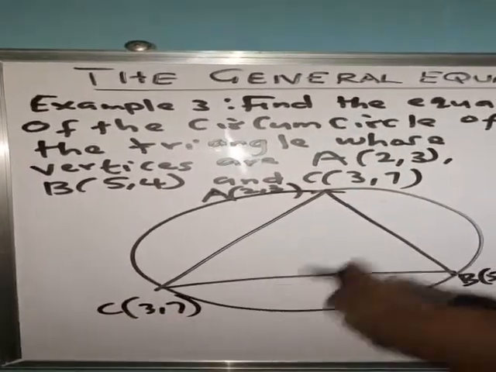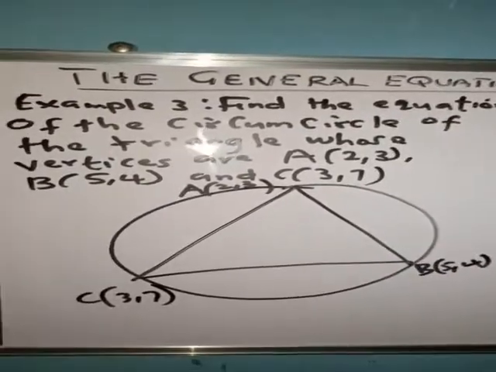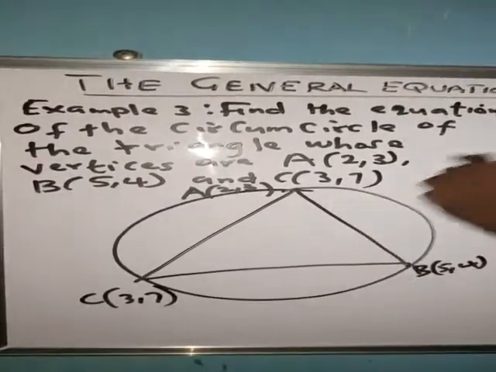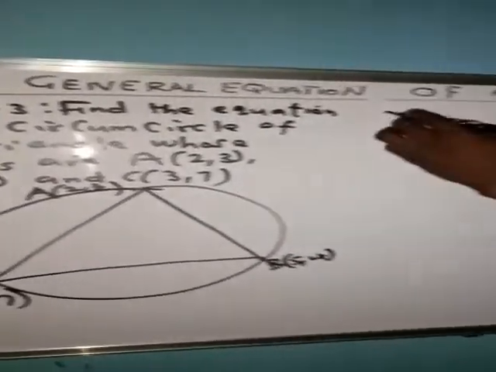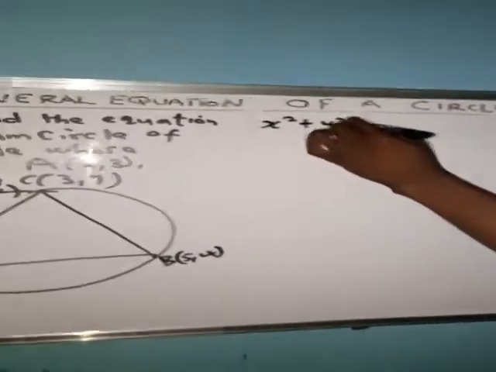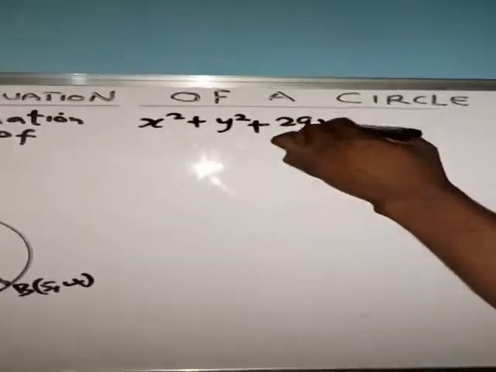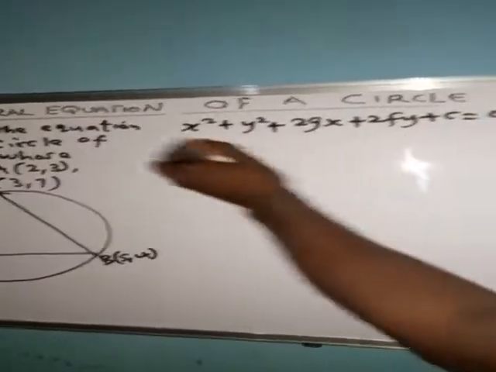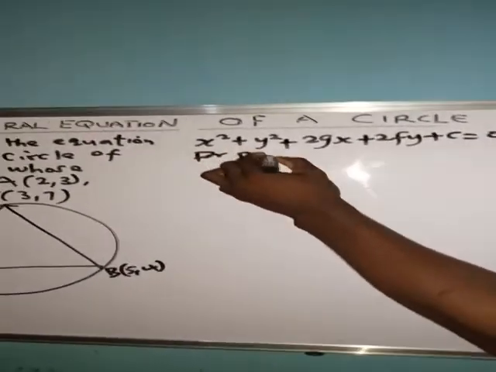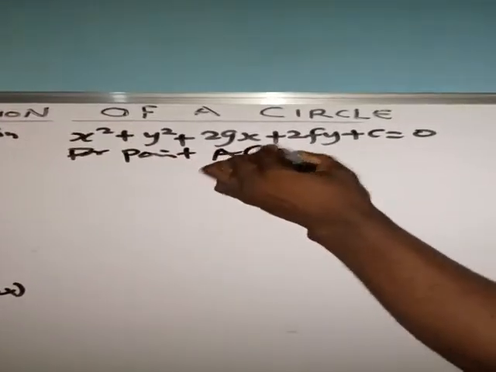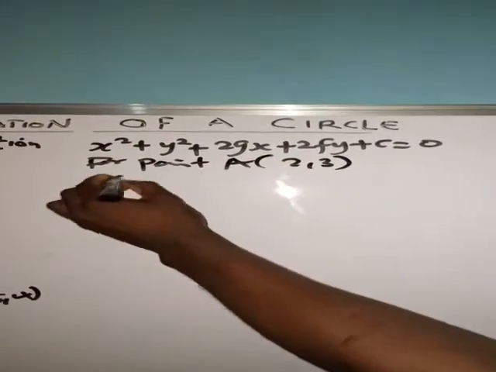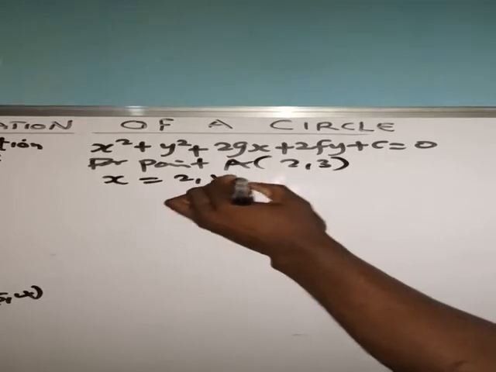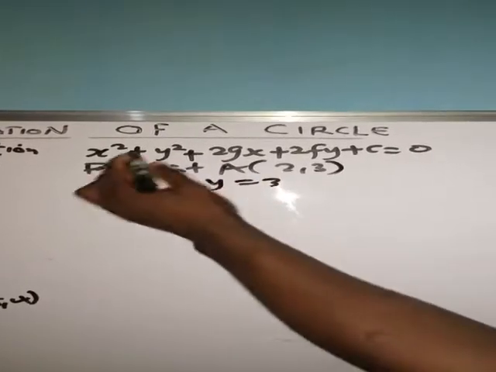Now to get the equation of this circle, what we are going to do is write the general equation of the circle: x squared plus y squared plus 2gx plus 2fy plus c is equal to 0. So for point A, that is (2, 3), it implies that x is 2 and y is 3. Substitute into the general equation.